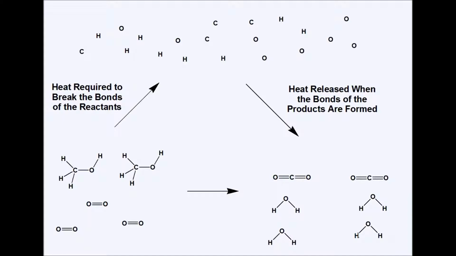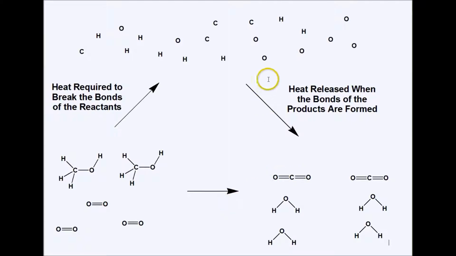You might think there wouldn't be any energy change, but not all bonds are created equal. In fact, the double bond in O2, as double bonds go, is very weak. It's almost like a single bond. On the other hand, each of the double bonds in carbon dioxide is very strong.